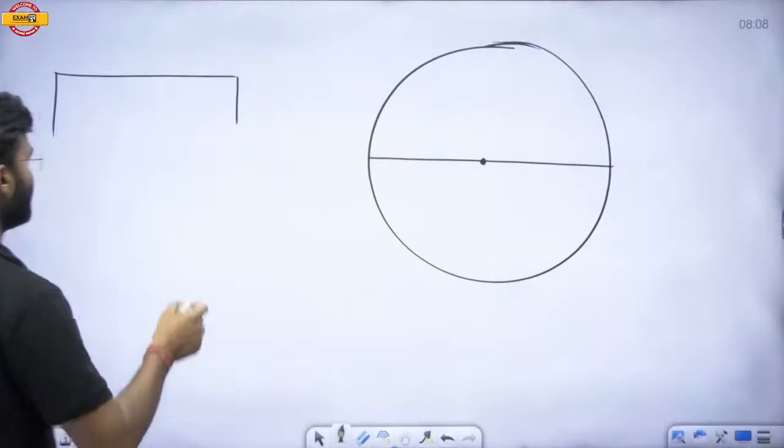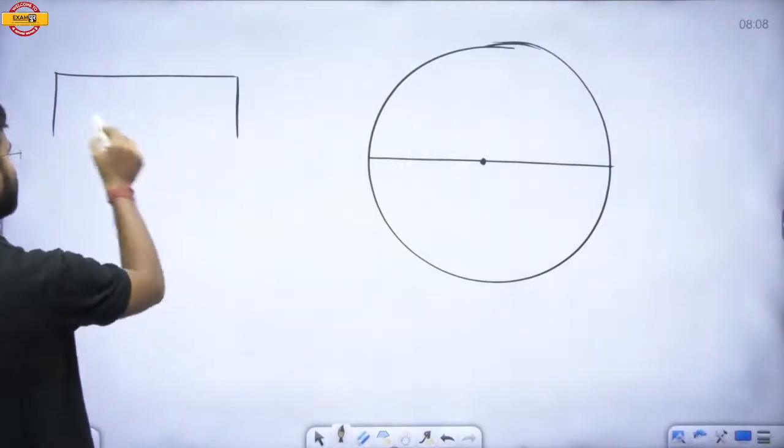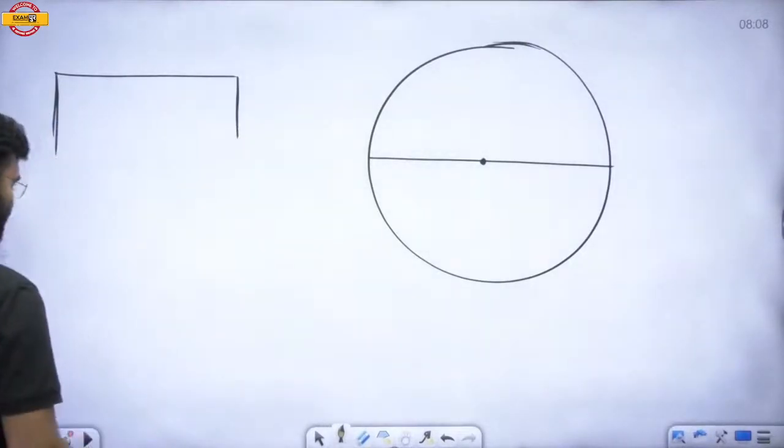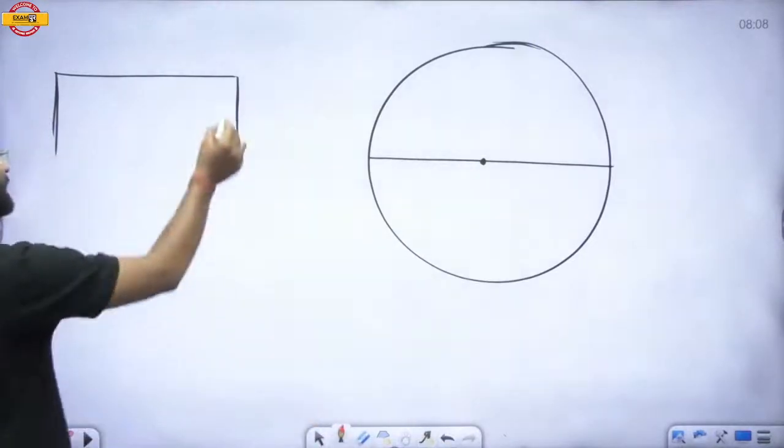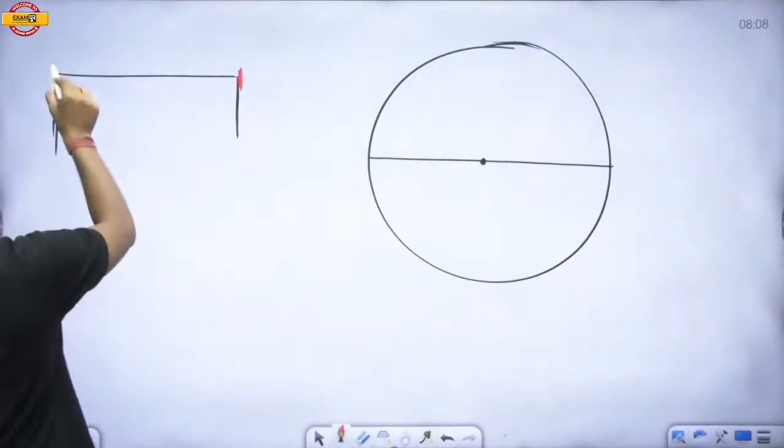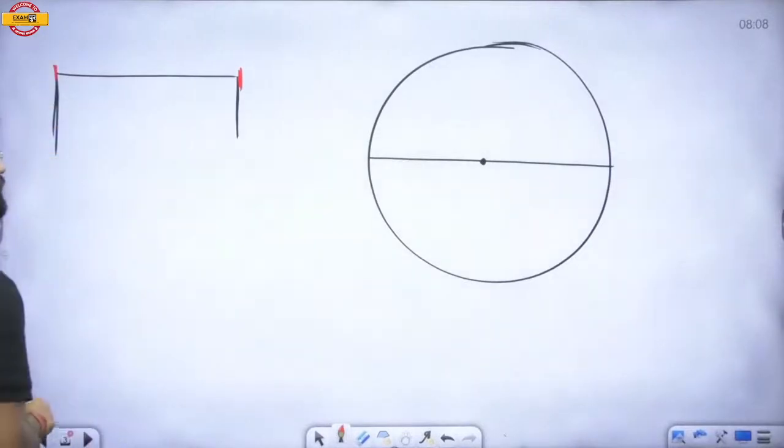If any object is in this shape, that means there is definitely an ending point. You can easily denote the ending point of this structure.